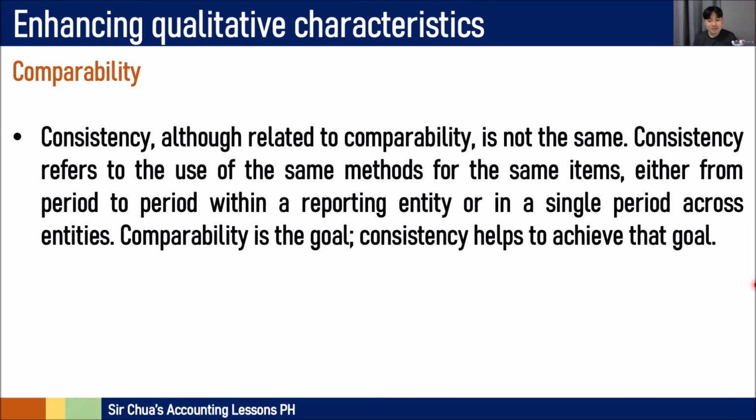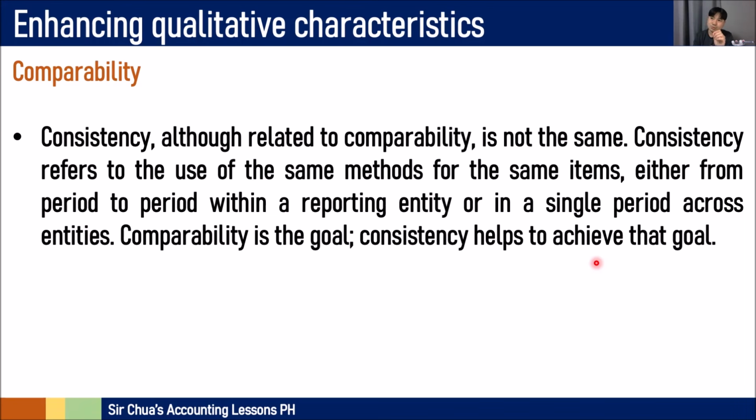In short, mas madali pong mag-compare kung consistent yung basis na pinanggagalingan natin because from period to period, it used the same methods for the same items. It's hard for you to compare depreciation which was computed in straight line versus double declining balance.